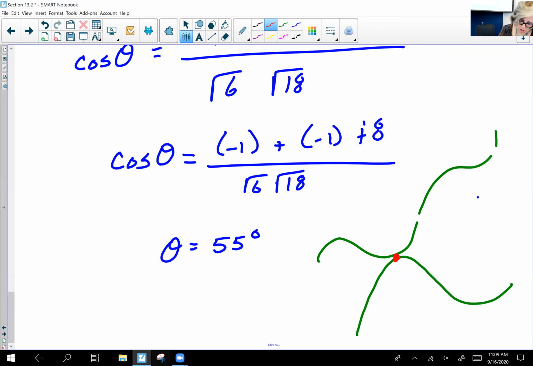Coming off of that intersection, we then took the derivative, and the derivative gave us two vectors, right? We can then find the angle theta between those two vectors.